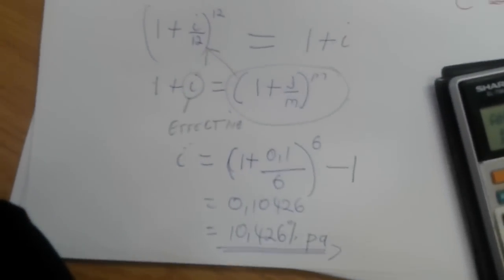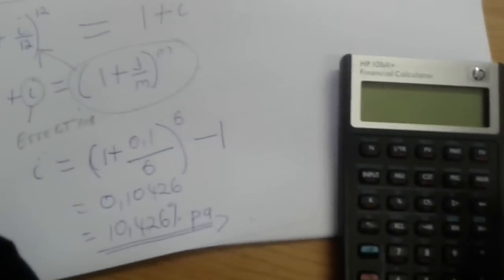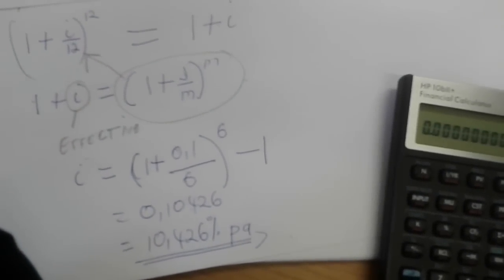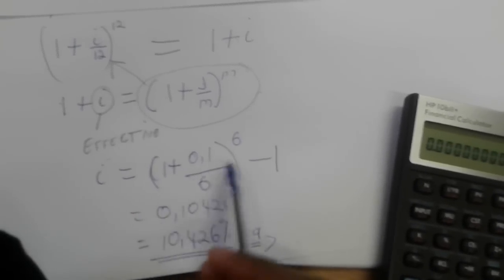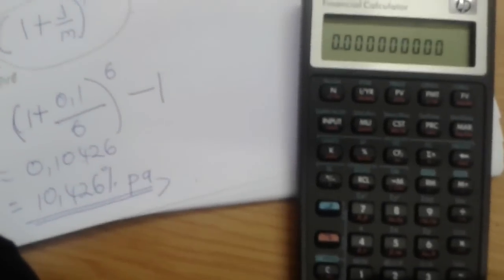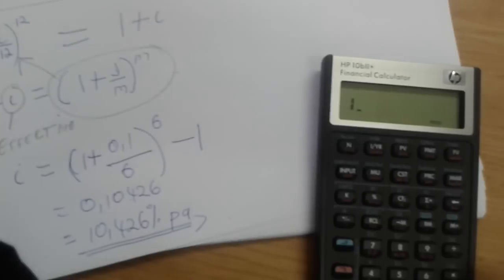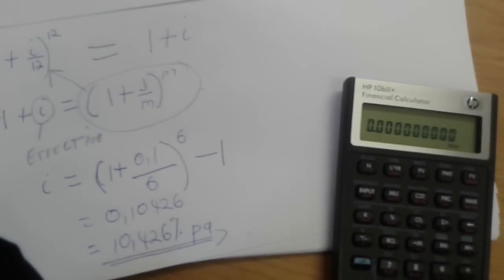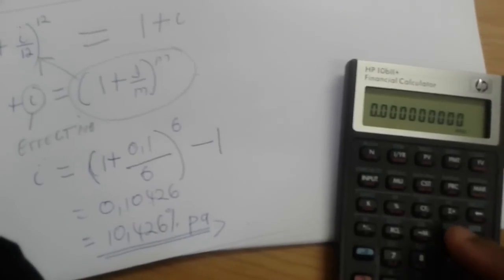Now again, if you are using HP, same thing. I remember giving you the same calculation. So we first open this bracket here, so we go shift, open bracket, 1. Not 1. So we've opened our bracket.